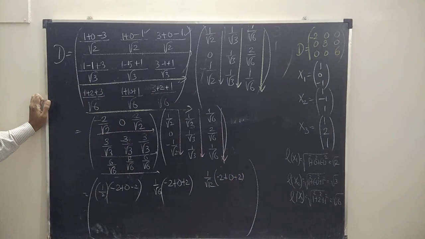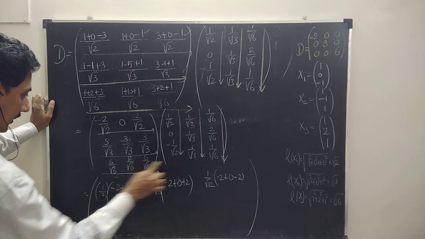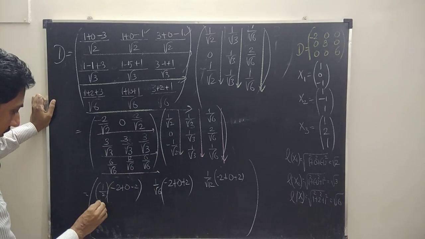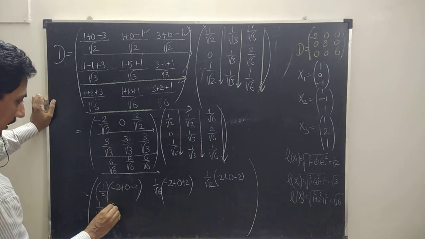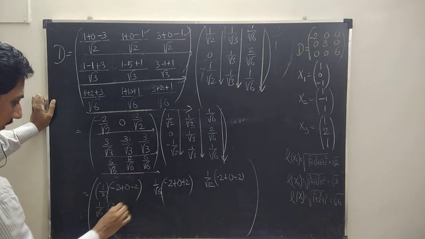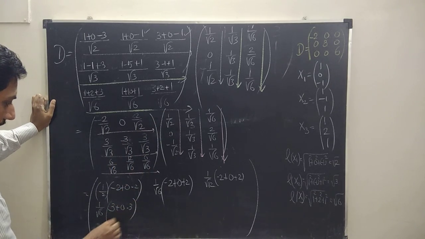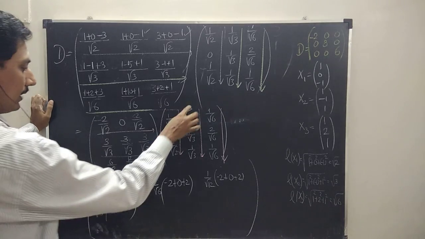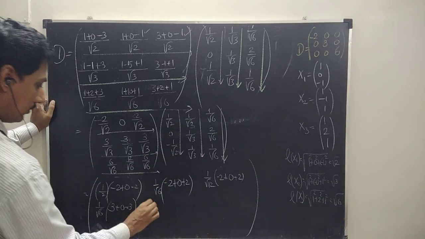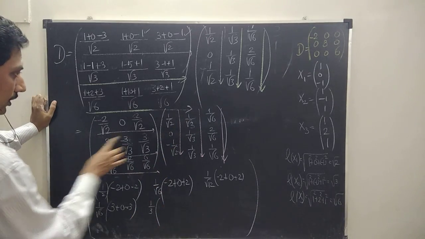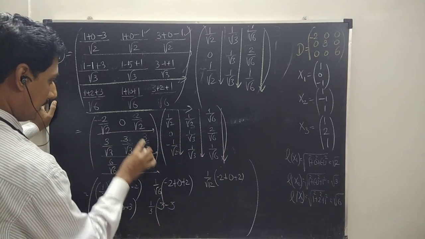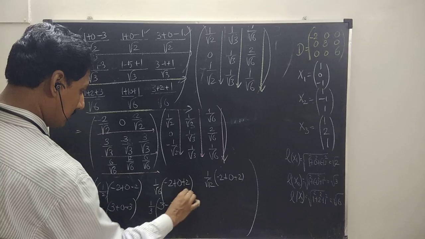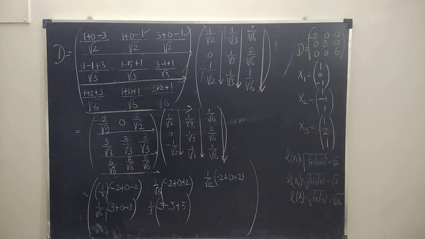The similar way to find this middle row: 1 by root 3 into 1 by root 2. So 1 by root 6, 3 into 1 is 3, minus 0, minus 3. So 0, minus 3. Alright? And the middle column and middle row. So root 3 into root 3 is 1 by 3. 3 into 1 is 3. Minus 3 into 1 is minus 3. 3 into 1 is 3. So 6 minus 3, so minus 3 by 3.